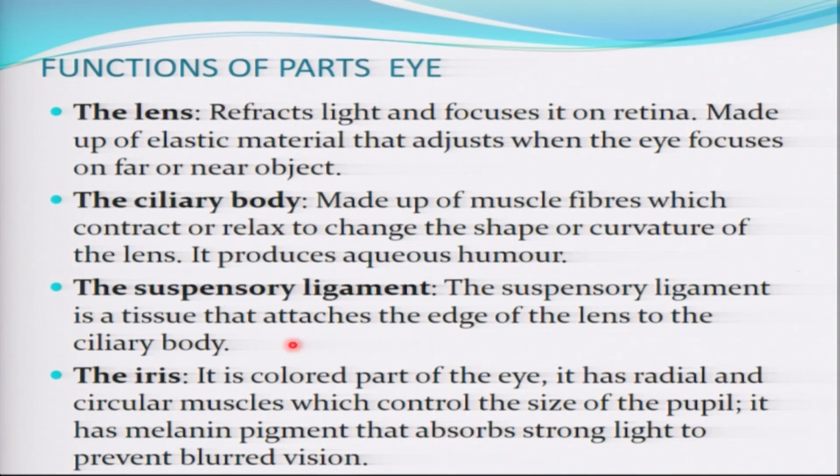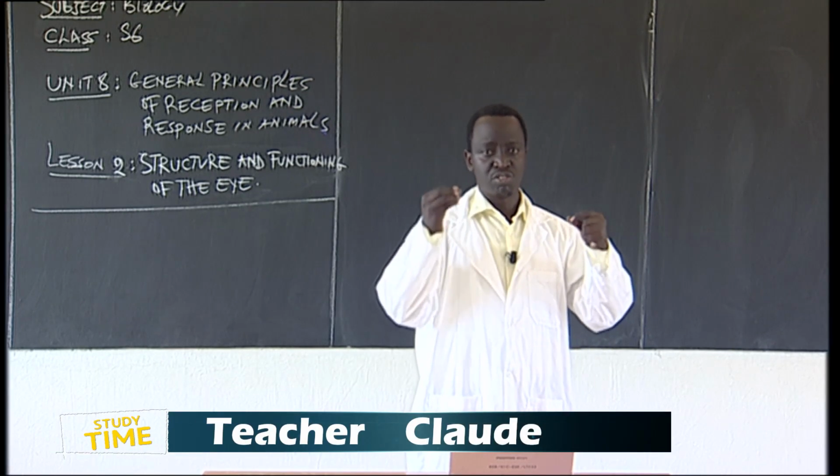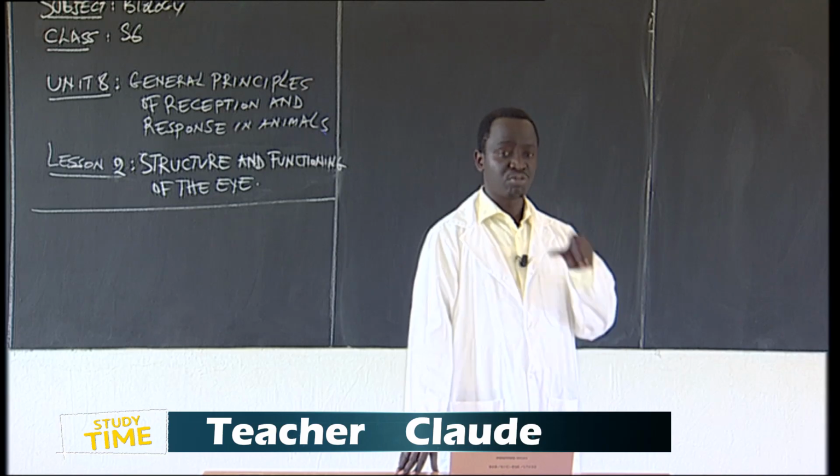The iris is there just to give you a good image. When there is strong light, our eyes are able to cope with it because of the iris.